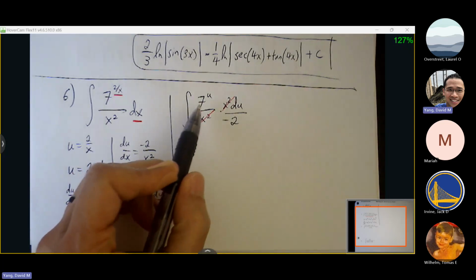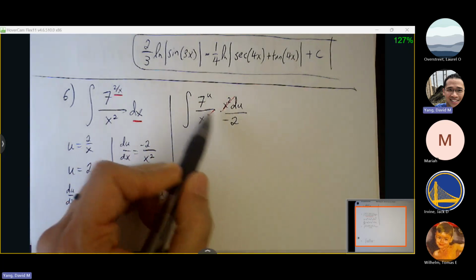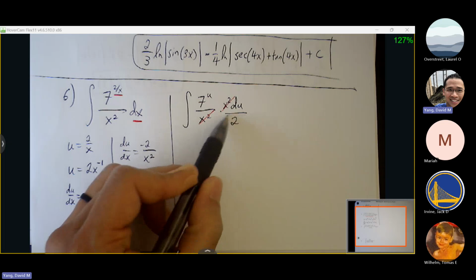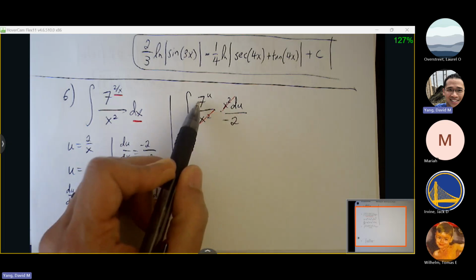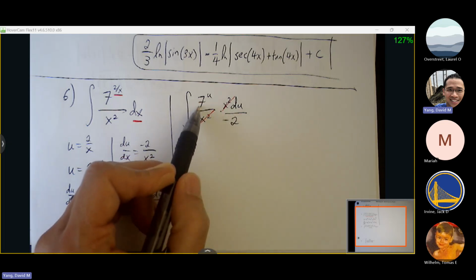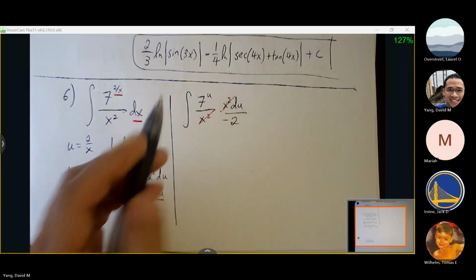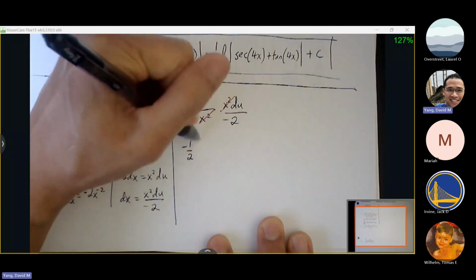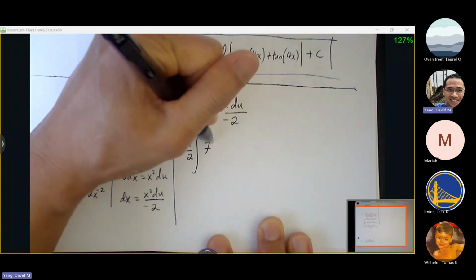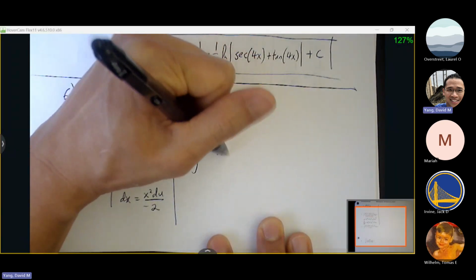Careful that you don't merge these and make it negative 7 over 2. Remember, this is the negative 1/2. It's not compatible with this 7. This 7 is not just a 7, the 7 raised to the u, so this is going to be its own thing. So make sure you keep these completely separate.